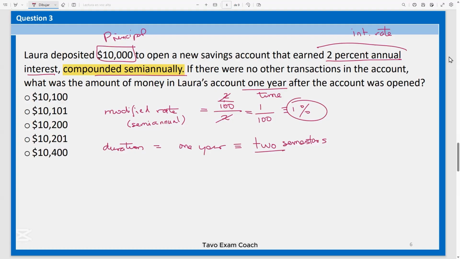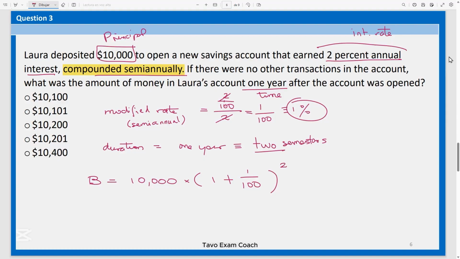So using this and this, we will calculate the total balance in Laura's account by using the compound interest formula. Okay, so the total balance equals 10,000 multiplied by 1 plus the modified rate of 1%. This is a semi-annual interest rate up to the duration of the investment expressed in numbers of semesters, 2.